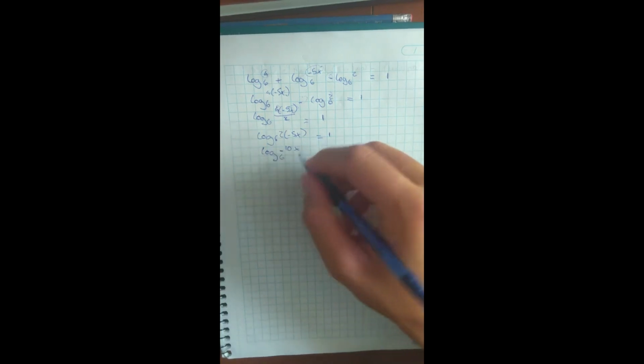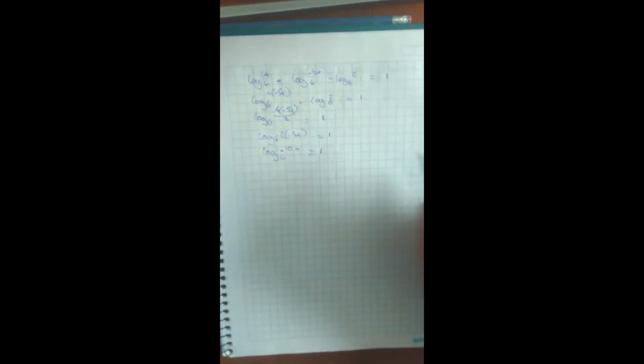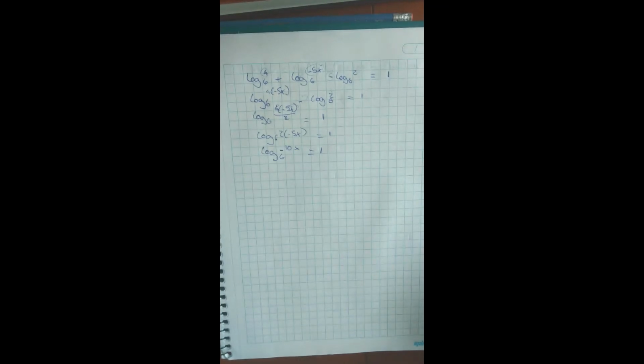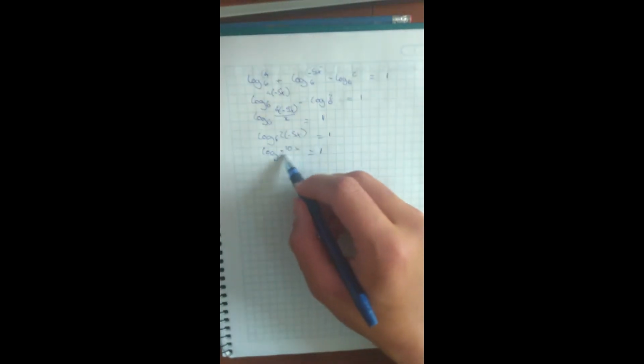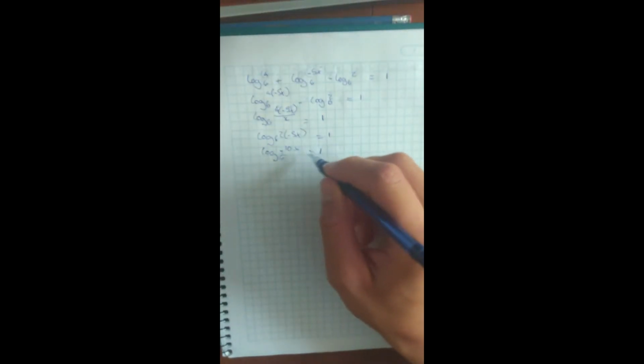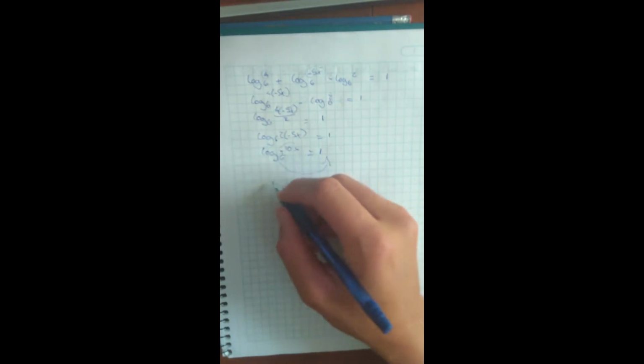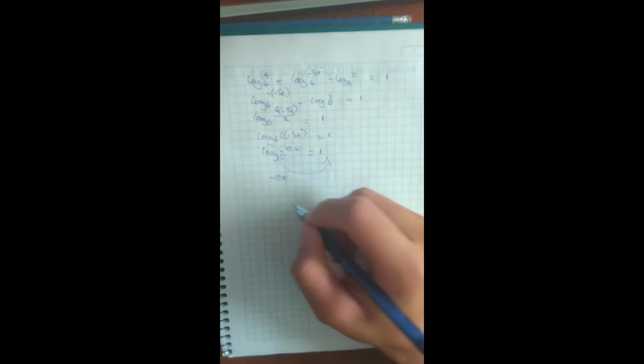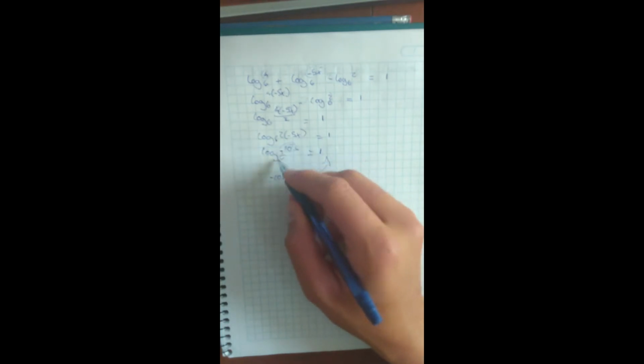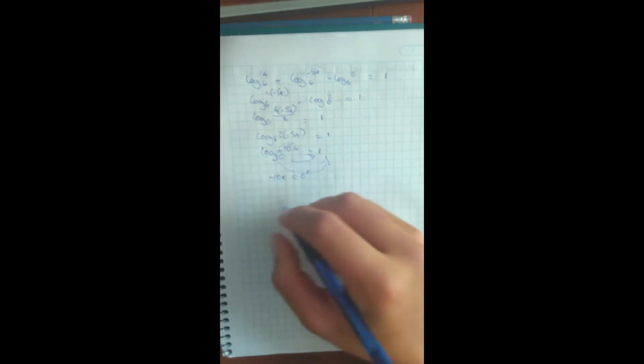base 6 equals 1. So now we use our third property, which is the counterclockwise property. Counterclockwise goes this way. So that means that negative 10x equals 6 to the power of 1.